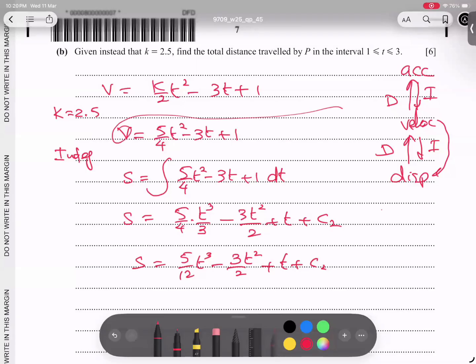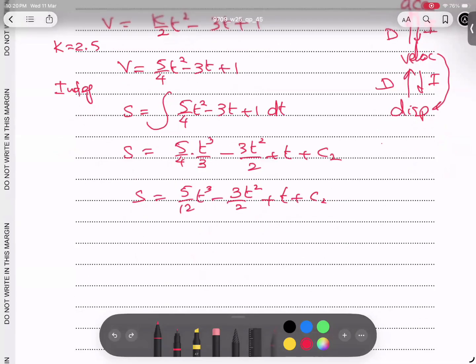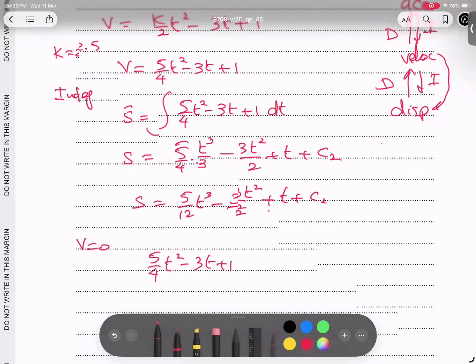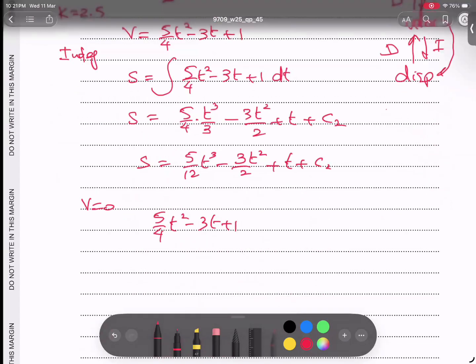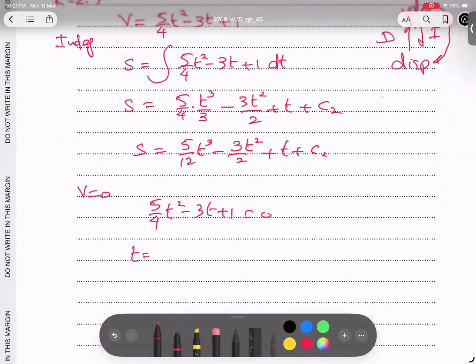If I plug in velocity 0, I can get the time from here. So V is equal to 0. When I put V equal to 0, 5/4 t square negative 3t plus 1 equals 0. I'll apply the quadratic formula, negative b plus or minus square root of b square minus 4ac, over 2a.